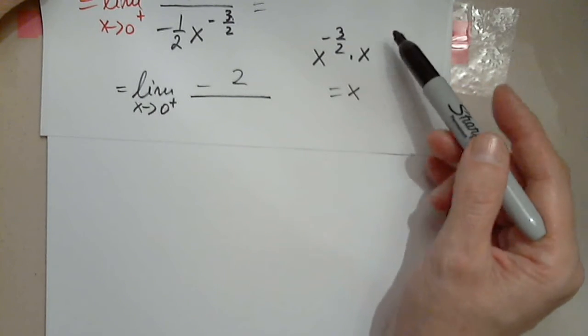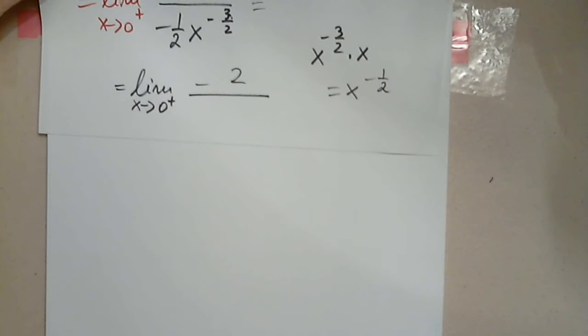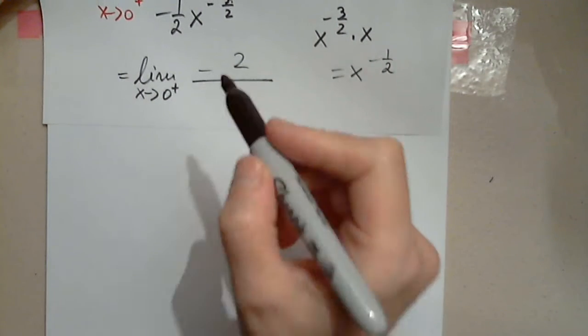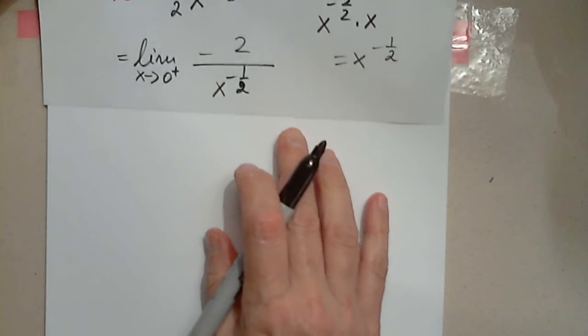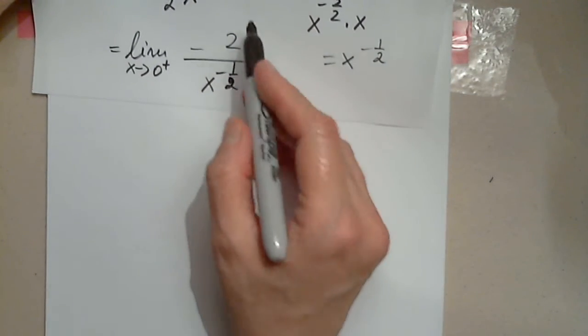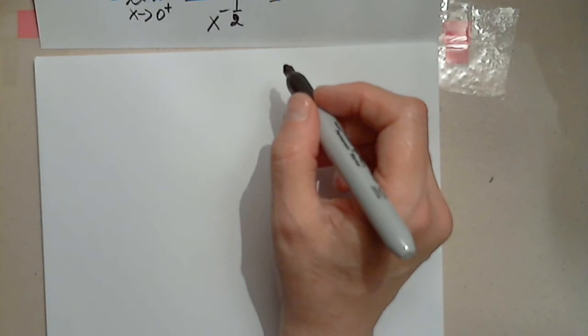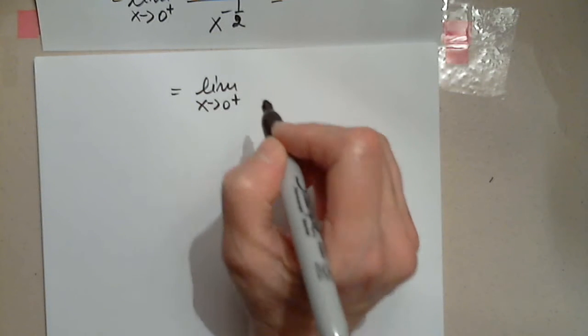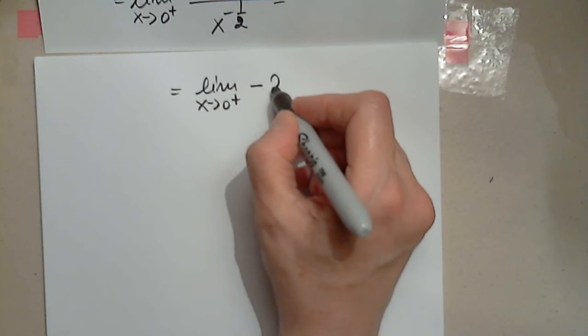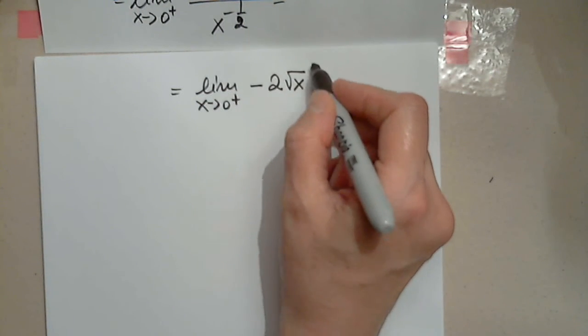Negative 3/2 plus 1 is negative 1/2. It cleans up quite nicely. And then, of course, I'm going to bring it to the top. So limit as x approaches 0 from the right, of negative 2 times the square root of x.